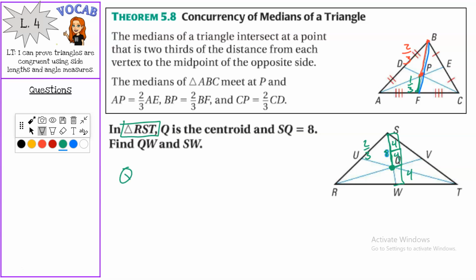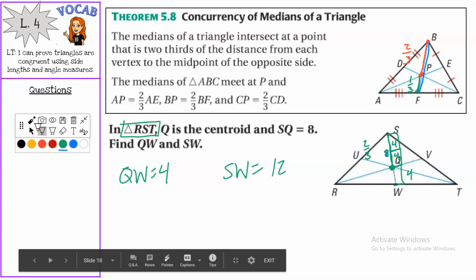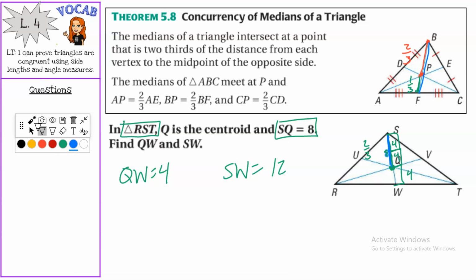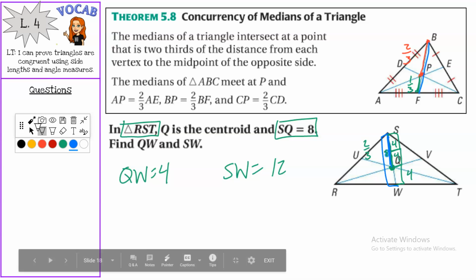So we know that QW is 4, and then SW would be 4, 4, and 4, which is 12. You can also check to make sure that SQ, this 8, is actually 2/3 of the whole. So is 8 equal to 2/3 of the whole 12?